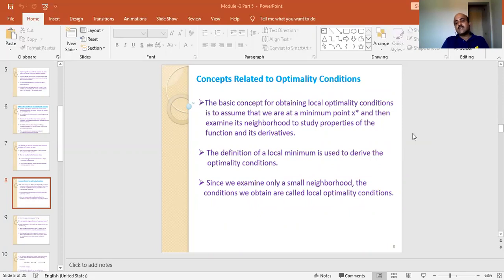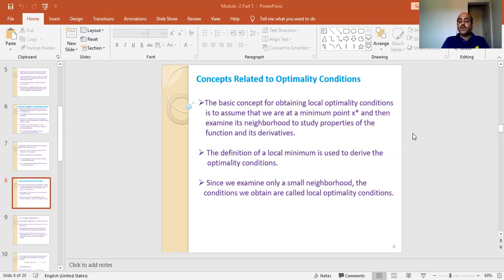In the last class, we were discussing local minima and global minima. So when we start obtaining the local optimality conditions, we will just assume that we are at the minimum point x star, and then we will examine its neighborhood to study the properties of the function and its derivatives.